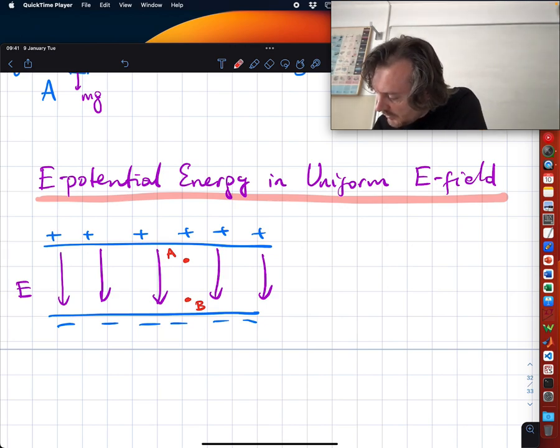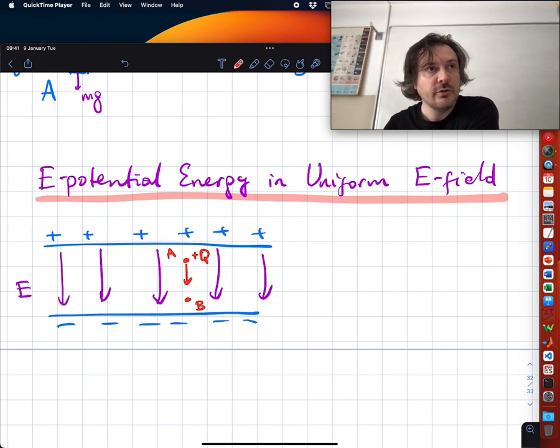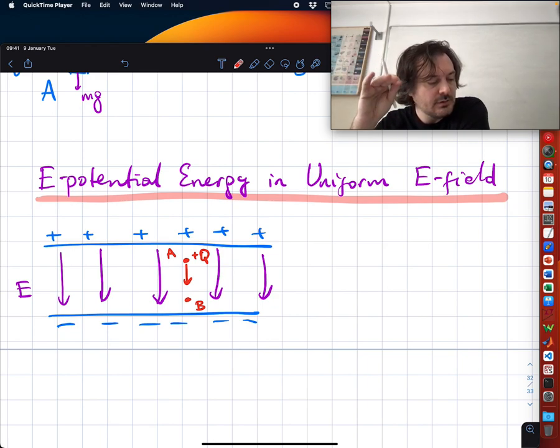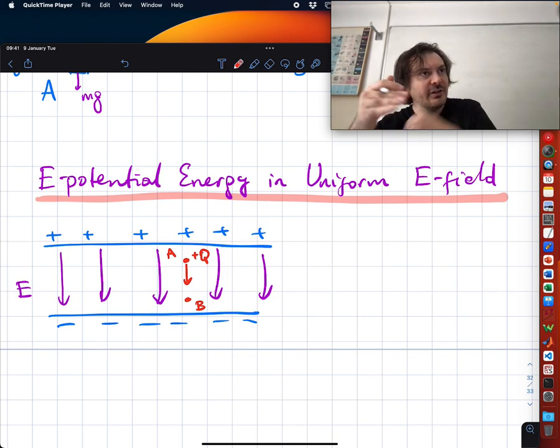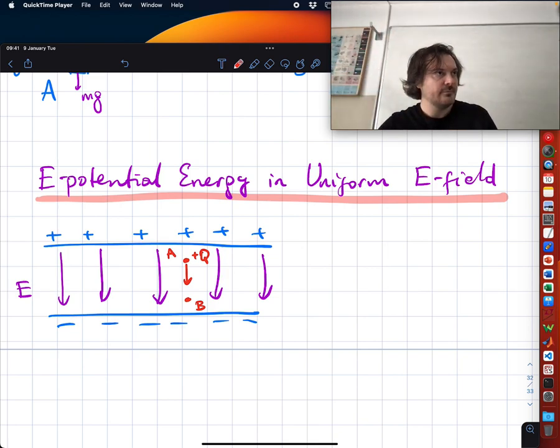It's a positive charge. So where does the positive charge want to move? In the direction of the electric field. In the same direction, right? So whenever you are not sure about what's going on with the potential energy, just remember this. If it's going where it wants to go, the potential energy difference will be negative.